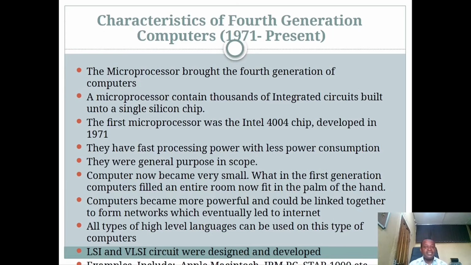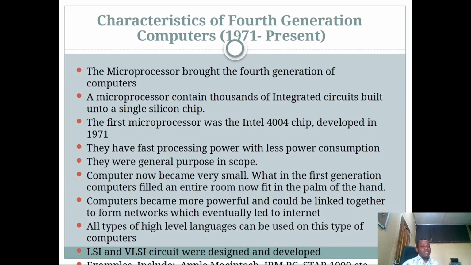All these are small computer systems, because microprocessor made it possible for the size of the computer to be further reduced into a size that we can put on our laps or handle with our palm.